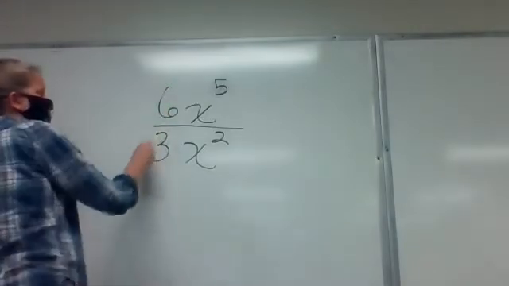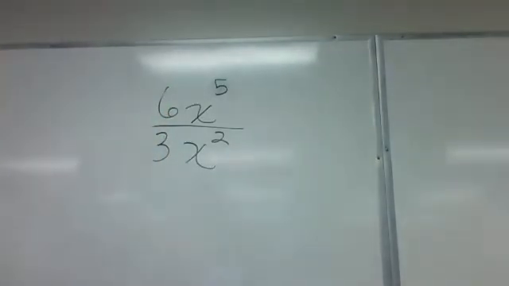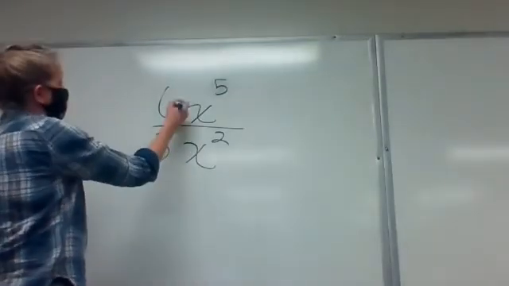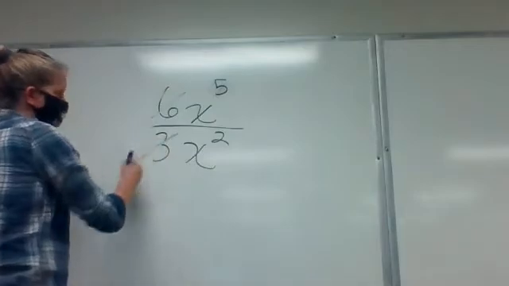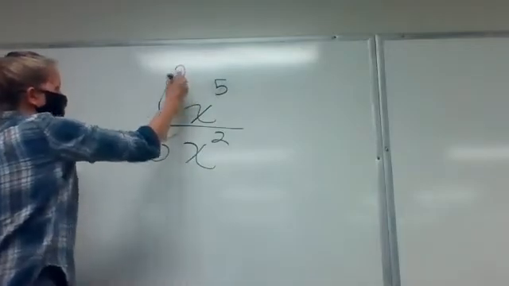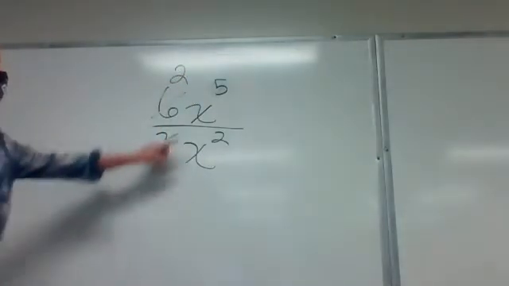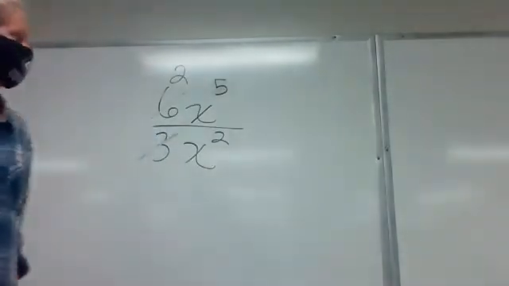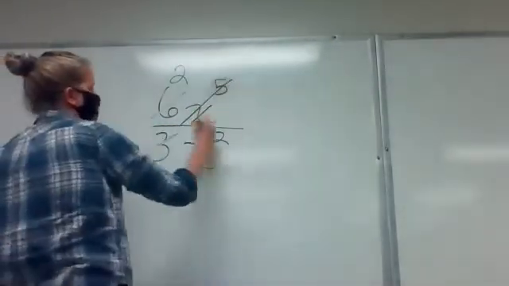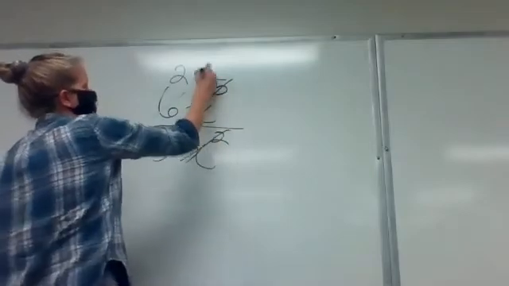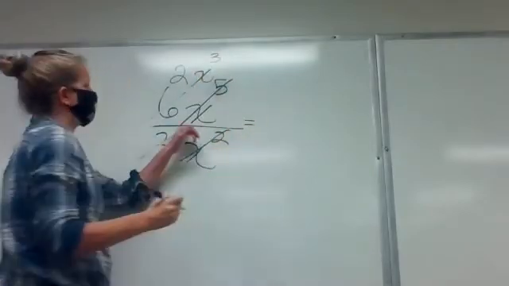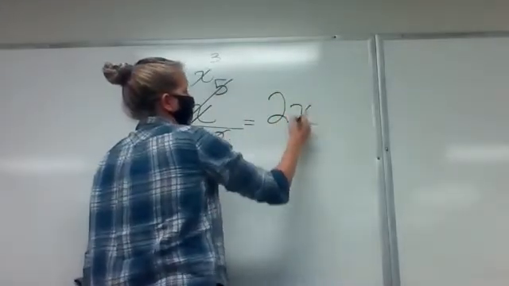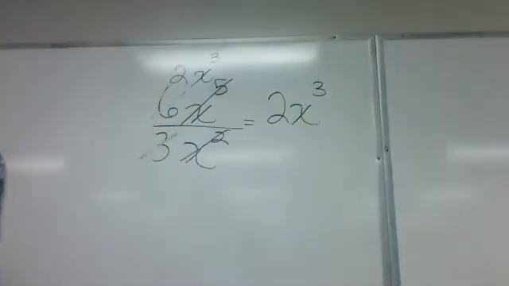These numbers right here, you just divide like you always would. So here I've got 6 over 3, or 6 divided by 3, which would leave me with 2. And then what do you do with your exponents? You divide the top exponent minus the bottom exponent. So 5 minus 2 would leave me with x to the 3rd. So 6x to the 5th over 3x squared leaves me with 2x to the 3rd.